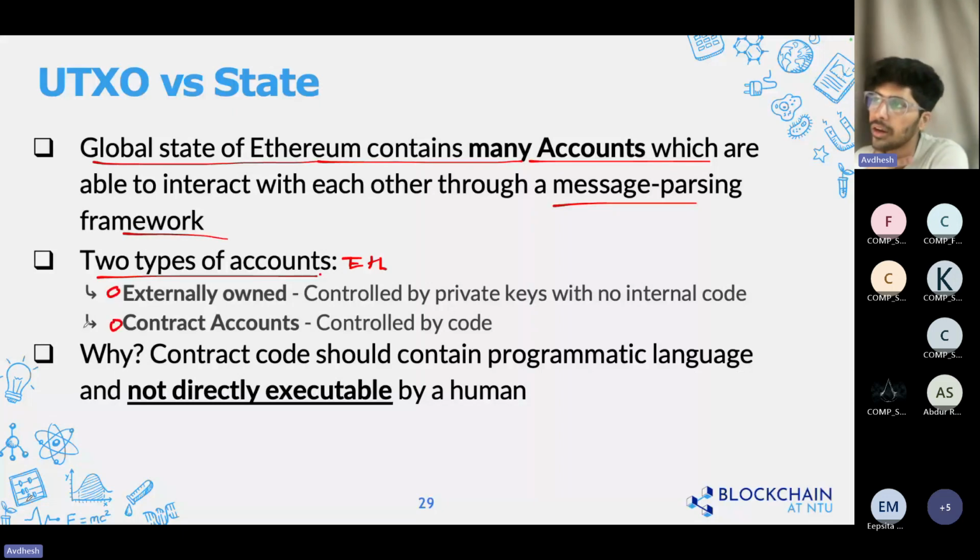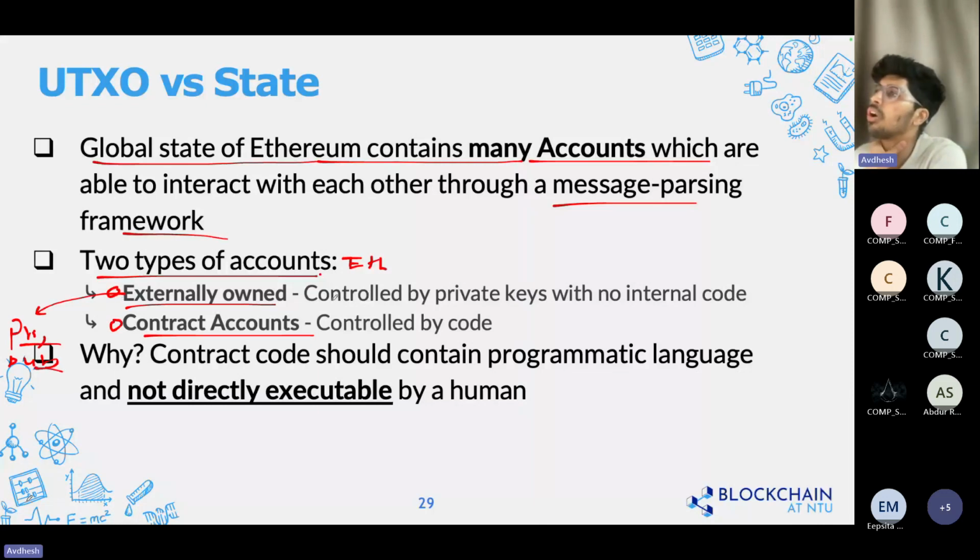This is the main distinguishing characteristic of the system design of Ethereum compared to Bitcoin. Externally owned accounts are your private key and public key, the pair of keys that everyone has, you, me, Alice, Bob, everyone. The externally owned account is controlled by a private key with no internal code.